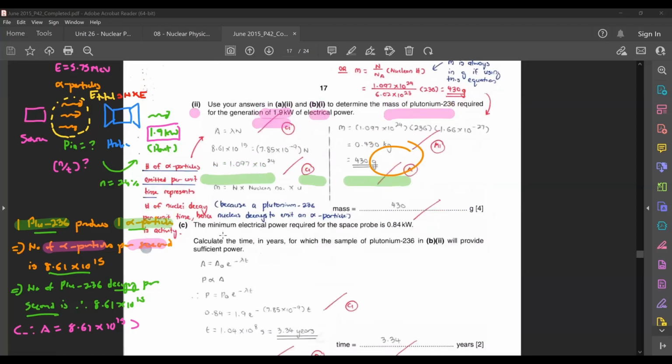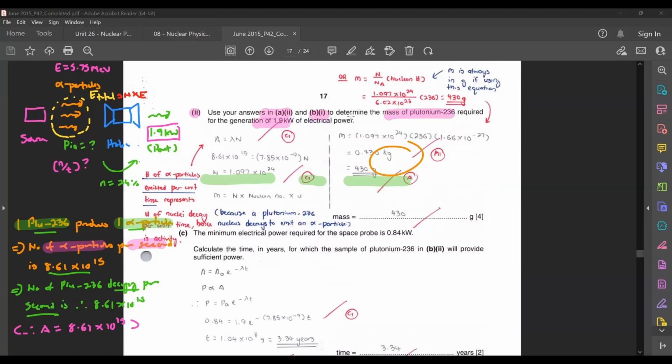Okay, because what you see over here is that the workings will subsequently use this equation. A is equals to lambda n. So the goal here is for you to find out the number of plutonium nuclei. So you want to use A equals to lambda n.